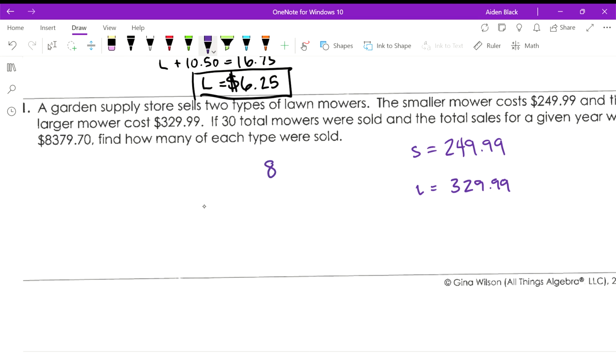So 8,379.70 was the total, and we shouldn't have written it like this. It should be every small mower costs $249.99, and every large mower costs that. So we have 249.99 plus 329.99 for each large mower costs that.